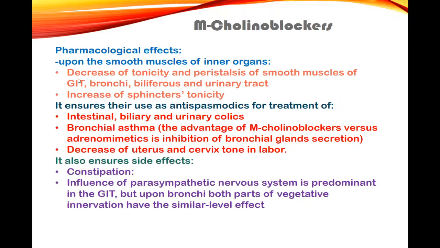That's why their tonicity is also decreased. But increase of sphincter tonicity. That is why we can use M-cholinoblockers as antispasmodics for treatment of intestinal, biliary, and urinary colics. Colic means pain caused by spasm of smooth muscles.